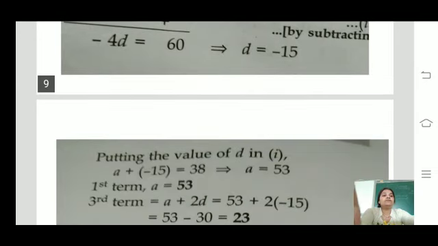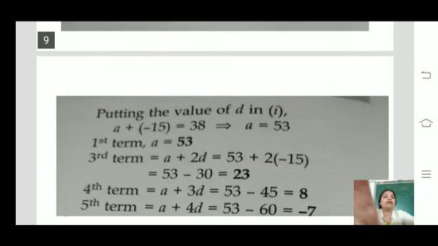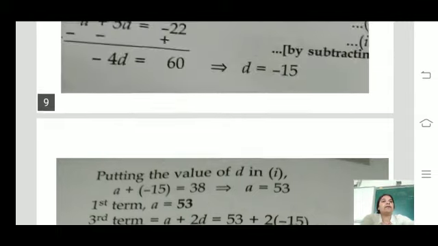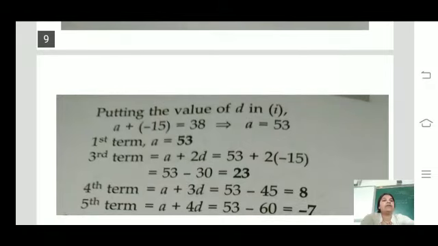I hope you are getting this. Now once we get the value of D, we can easily calculate any of the terms. After replacing the value of D in equation number 1, we have A plus minus 15 equals 38. Hence A will be 53. Now the first term is 53.